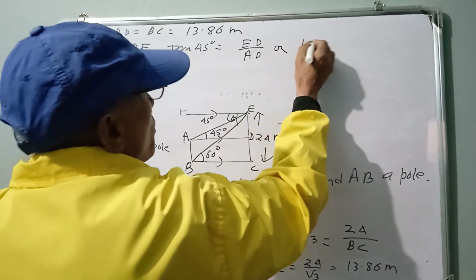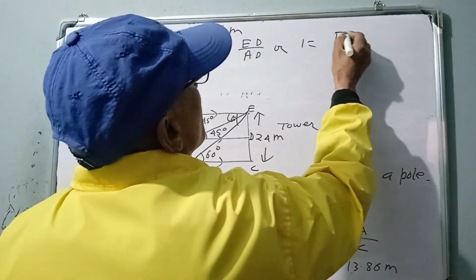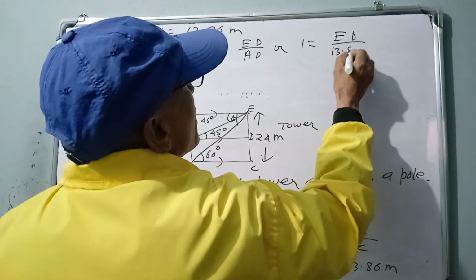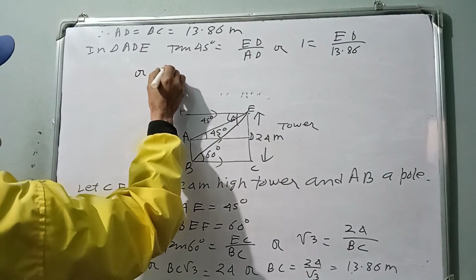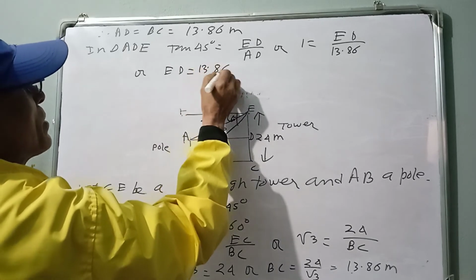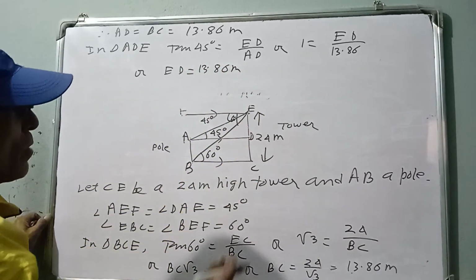Tan 45 degree equal 1. ED we don't know. AD 13.86. By cross multiplying, ED equal 13.86 meter. ED equals 13.86.